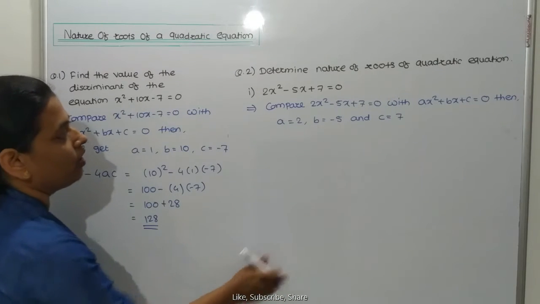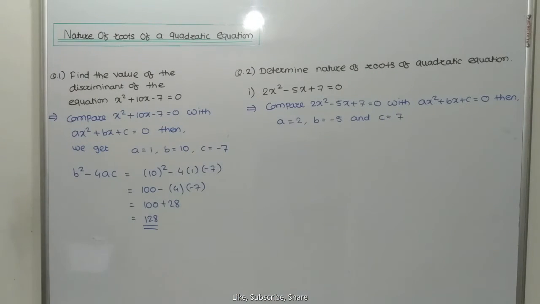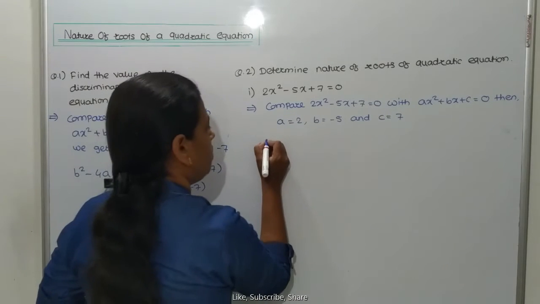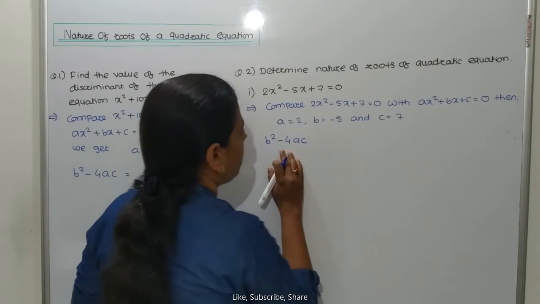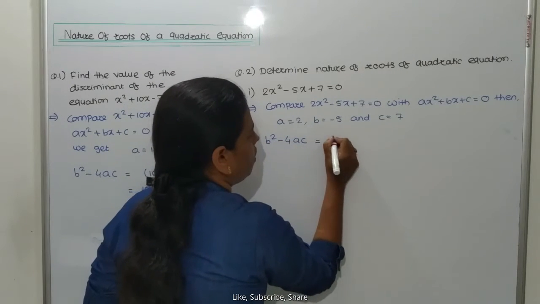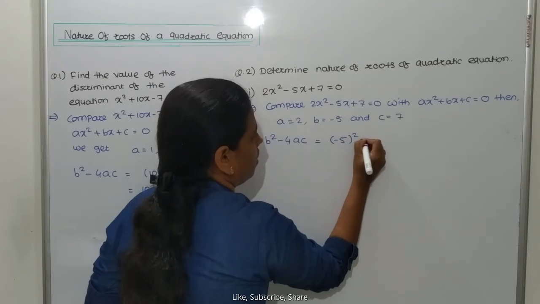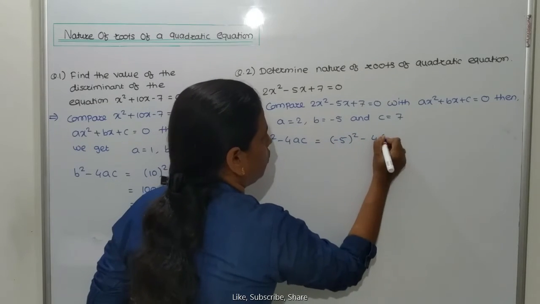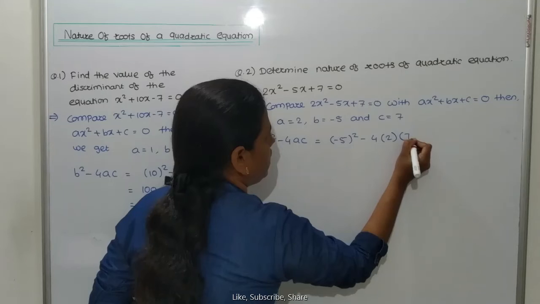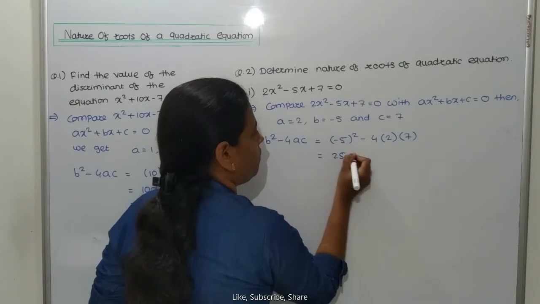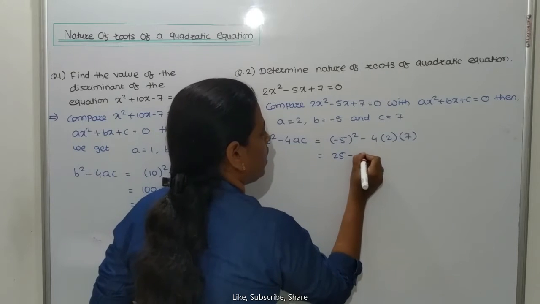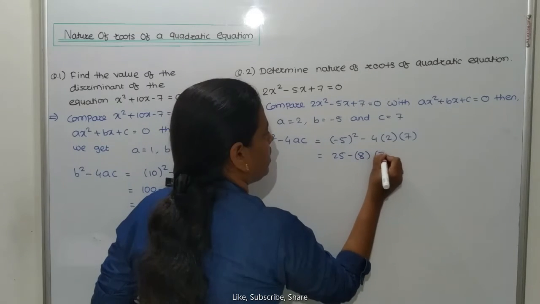For finding the nature of the roots, we first find the discriminant value. That means we find b square minus 4ac. Put the values: b is minus 5 square, minus 4, a is 2, and c is 7. Minus 5 square is plus 25, minus 4 into 2 into 7 is 56.